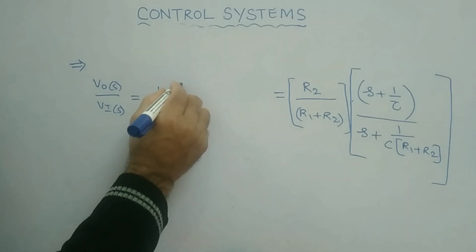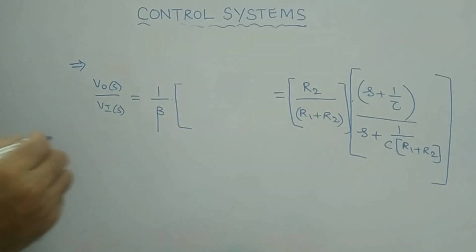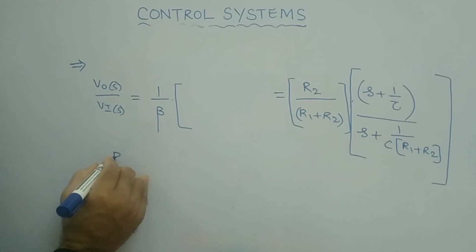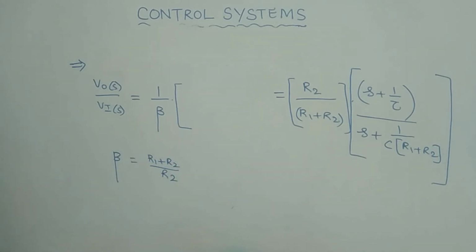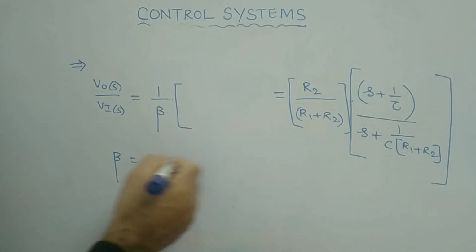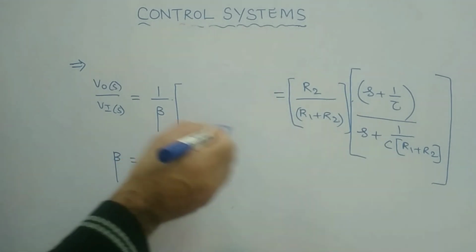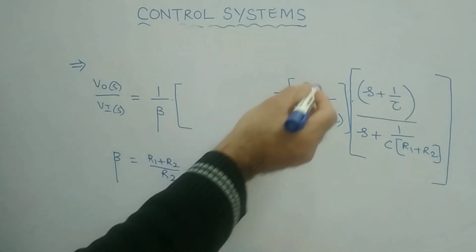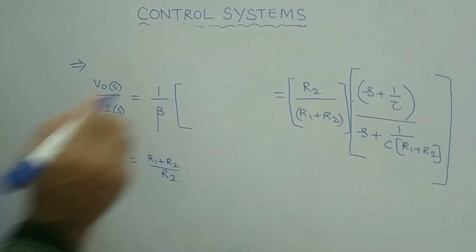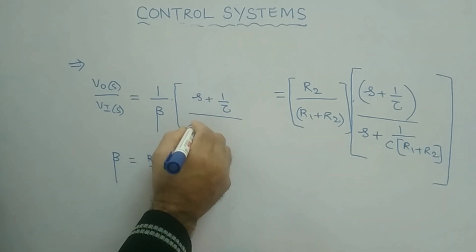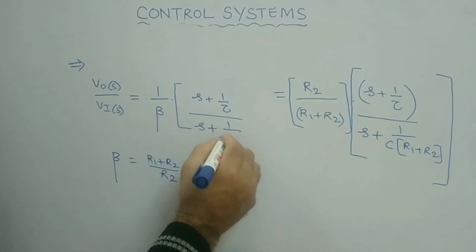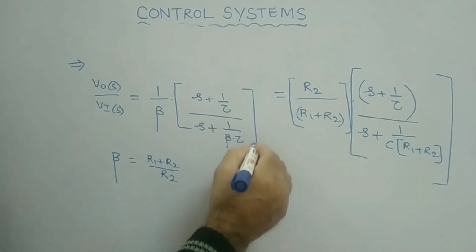For simplification, I will consider beta as R1 plus R2 by R2. So if we consider this as beta, then this will be 1 by beta. Then it comes as S plus 1 by tau by S plus 1 by beta tau. This is the simple expression you can write.